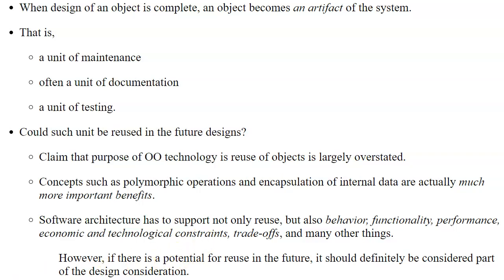And the software that we're trying to design is not primarily focusing on reuse, but rather on correct behavior, correct functionality, good performance, and many other constraints and trade-offs. So object reuse is a great promise and great concept, but it's not a primary focus of the original design.